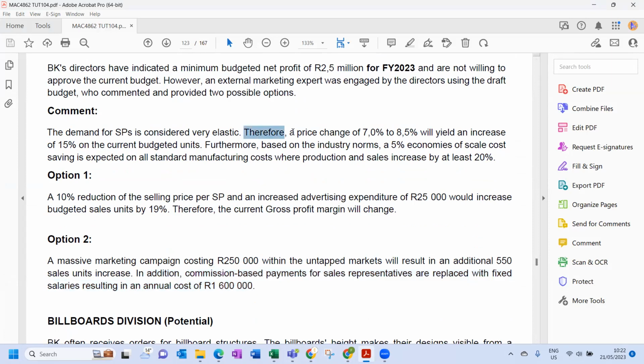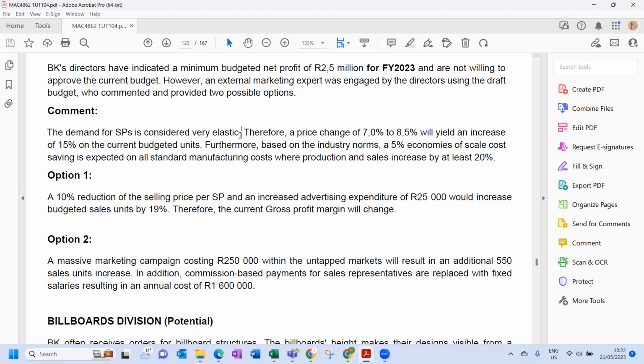If there's a change in price of 7 to 8.5 between that range, we will have an increase of 15% on the current budgeted units. The current budgeted units is 6,000. Now remember, the accountant based the selling price on the incorrect selling price of 2,400 rand.